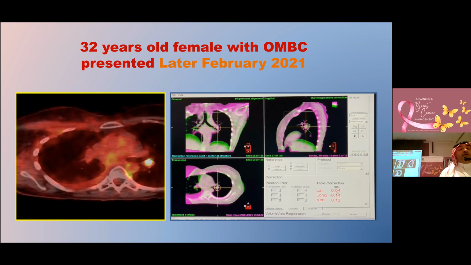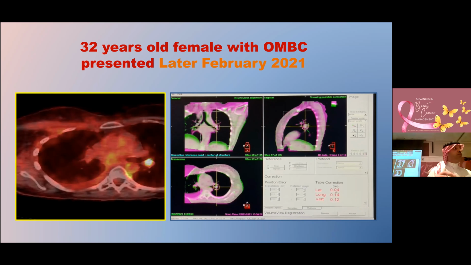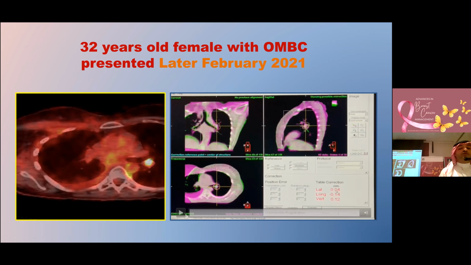But unfortunately, the challenge here is that when you treat the central mediastinum, you cannot put a marker or fiducials, so you cannot track the lesion. So we went with the classical technique using cone beam CT.